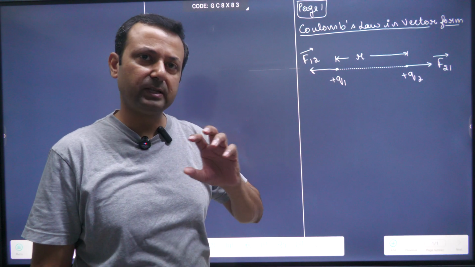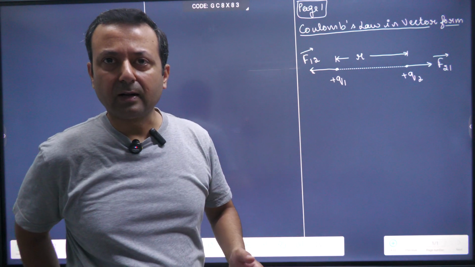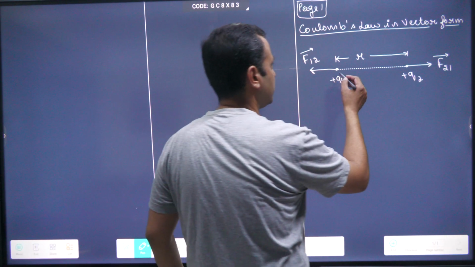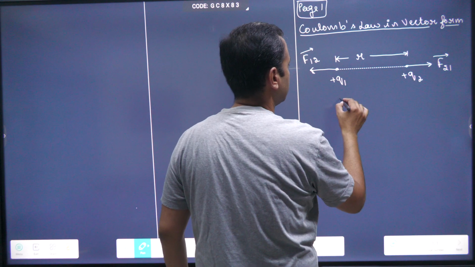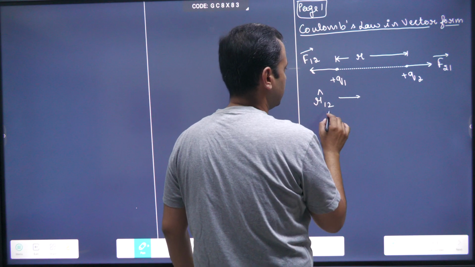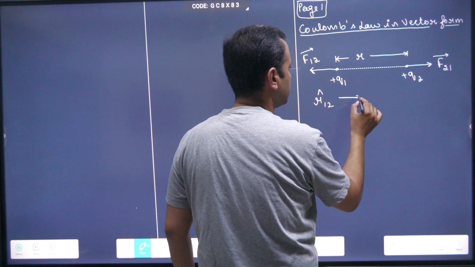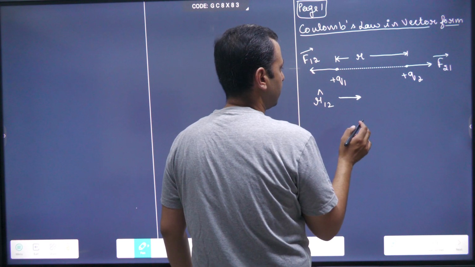A unit vector gives us only the direction, and that's why we have taken it as r12 cap. The unit displacement vector from here to here is r12 cap. Now have you understood about this? Now is it clear?